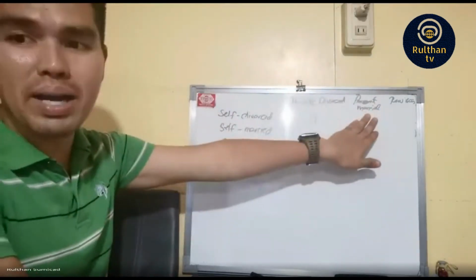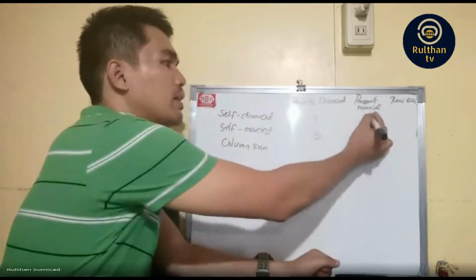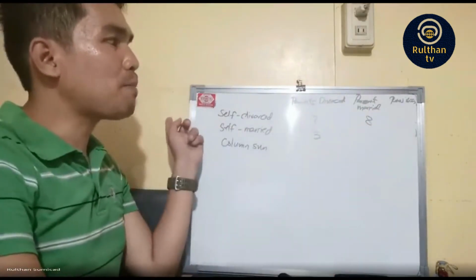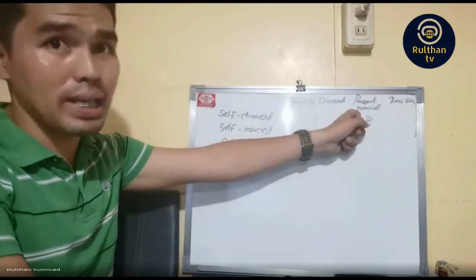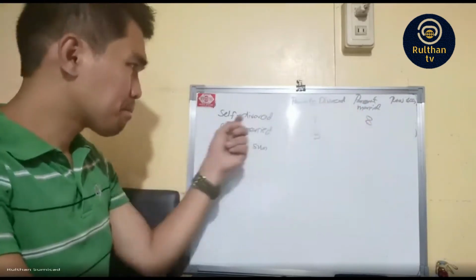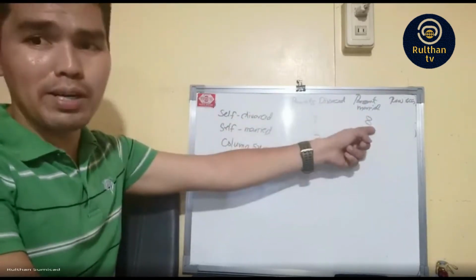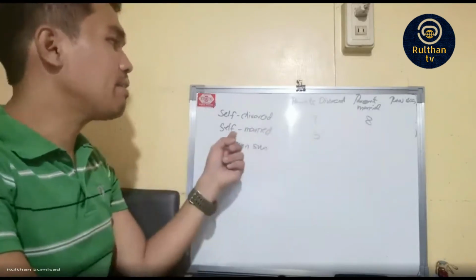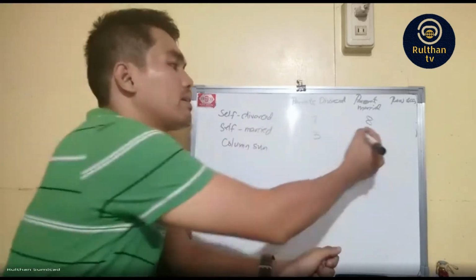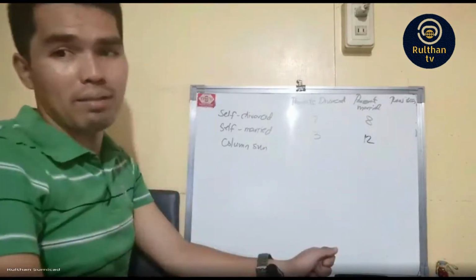For parents who were married, the female respondents whose parents were still married and got divorced, 8 of them. And then those who were still married is 12.